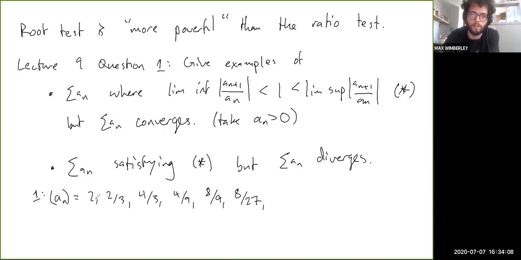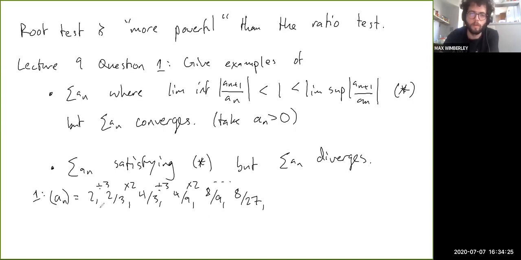It alternates between multiplying by 2 and dividing by 3: divide by 3, multiply by 2, and so on.